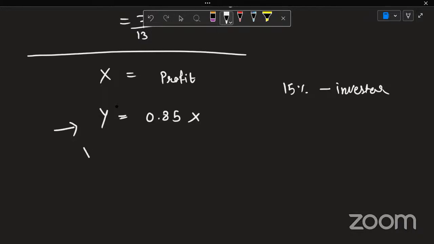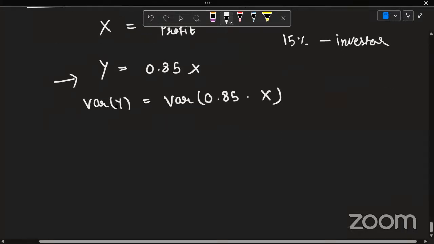So what will be the variance of y then? It will be equal to variance of 0.85 into x. We know it is the square of the constant term and variance of x.